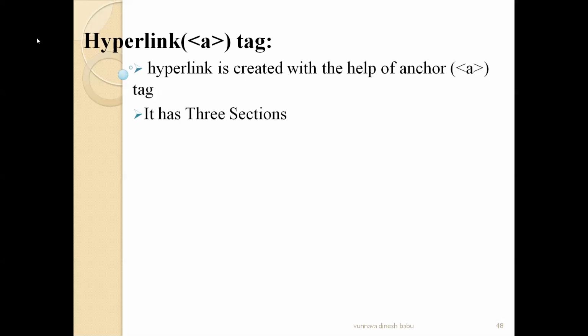There are three sections in this anchor tag. The name of the first section is the address of the referenced document. While we are dealing with this anchor tag, there is one important attribute, the href attribute, that is, the hyperlink reference.